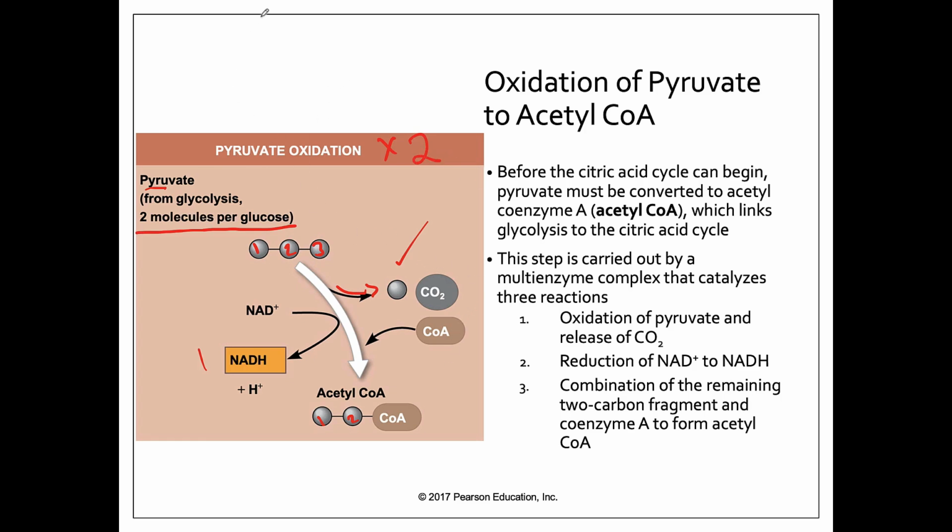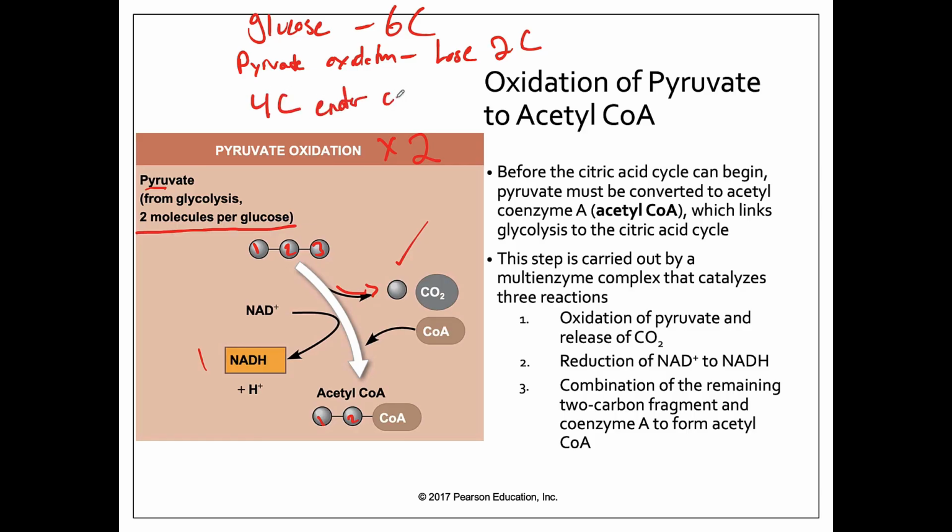So what that means is glucose started out with 6 carbons. In the pyruvate oxidation, we are going to lose 1 CO2 for each pyruvate. So we're going to lose 2 carbons total. And we're only going to have 4 carbons that actually enter the citric acid cycle. Each pyruvate makes 1 molecule of acetyl-CoA, and each pyruvate makes 1 NADH.